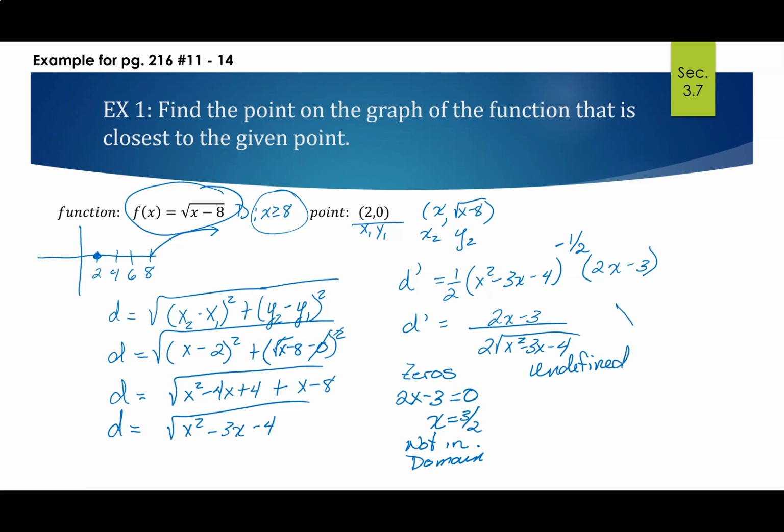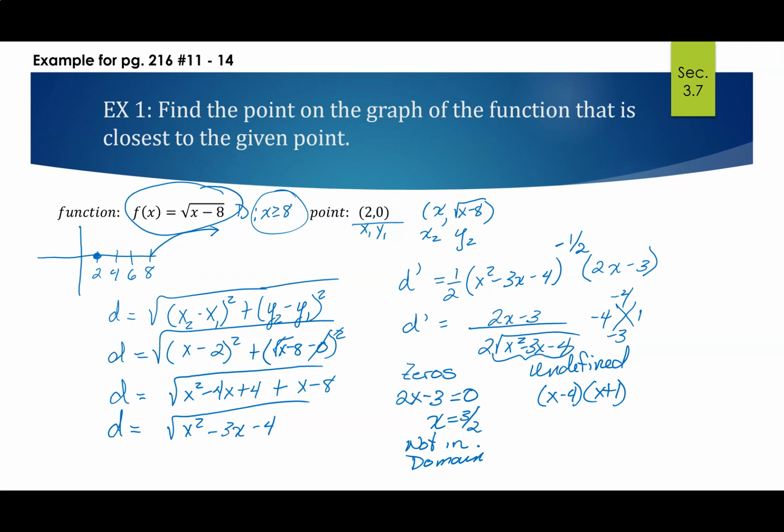This one is factorable. What multiplies to negative 4 and adds to negative 3 would be negative 4 and positive 1. So (x minus 4)(x plus 1). Now if it wasn't factorable, I would check with my quadratic formula and see if I had any values in there.